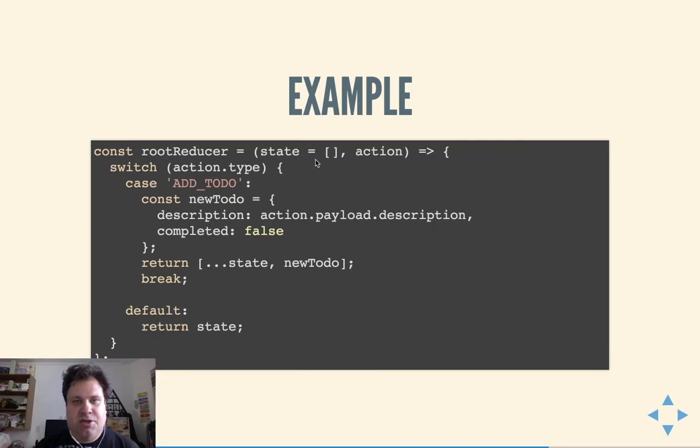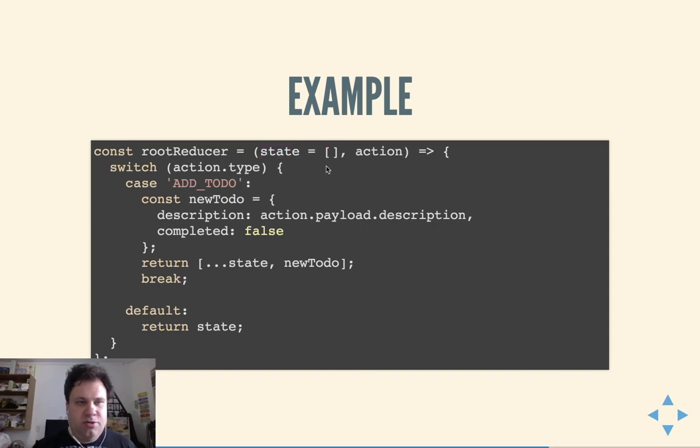Since Redux is going to call the root reducer with undefined as the state in order to receive the initial state of the application, it will actually use an empty list as the initial state of the app right here. This form of default arguments in reducers is very idiomatic in Redux applications.